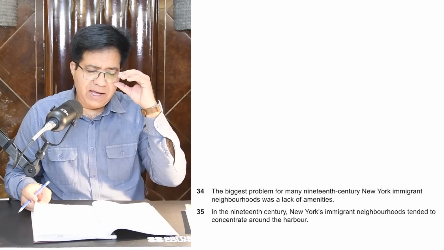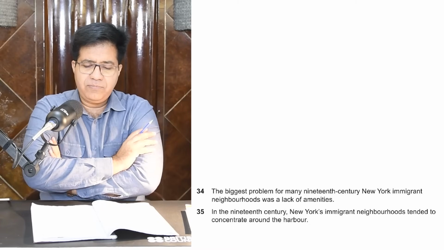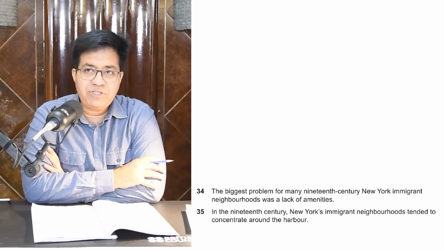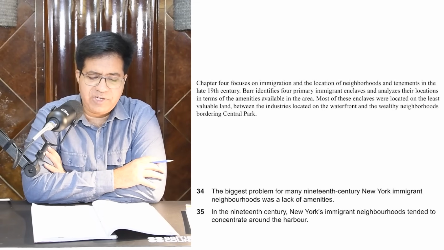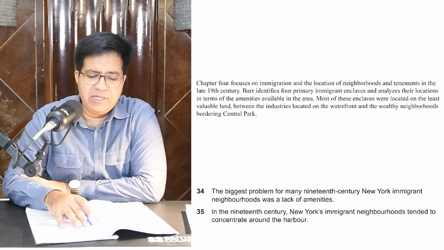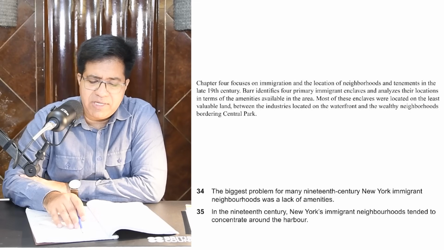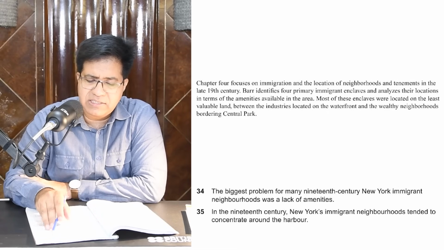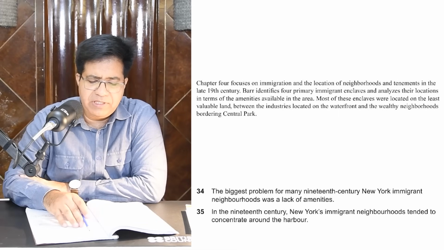Now, please come back. Look for the word amenities. Amenities. Chapter 4. Well done. Second page, first paragraph. I'm reading from there. Chapter 4 focuses on immigration and the location of neighborhoods and tenements in the late 19th century. Barr identifies 4 primary immigrant enclaves and analyzes their locations in terms of the amenities available in the area.